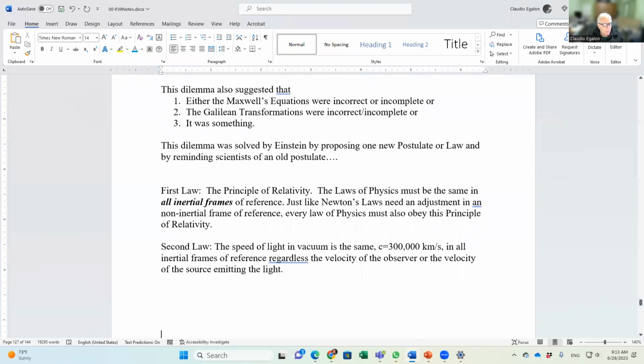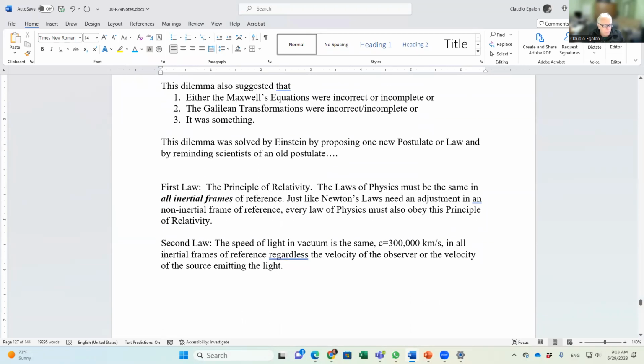That's something you have to memorize and understand because it has very important consequences.